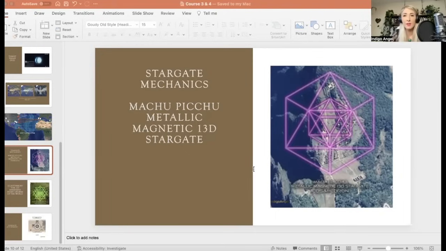But we have high organic crystal nodal points all over the world. A lot of these places are held in secrecy. A lot of these places are held in protection. And so I think a lot of them are still also coming forward. I think we have new stargates that are being born all the time.